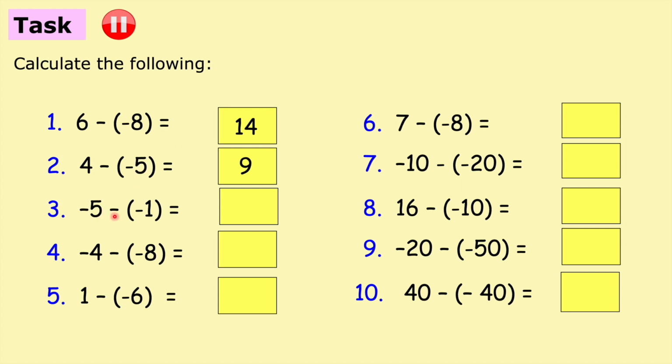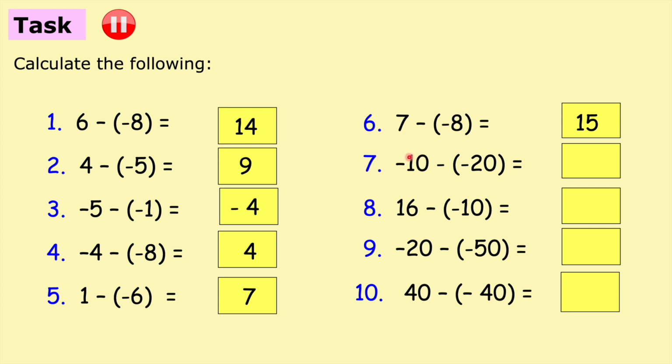Negative 5 subtract negative 1, so negative 5 add 1 to give us negative 4. Negative 4 and then add 8 to give us 4. 1 subtract negative 6, so I can swap that double negative to an add to give us 7. And 7, change that double negative to an add 8 to give us 15.